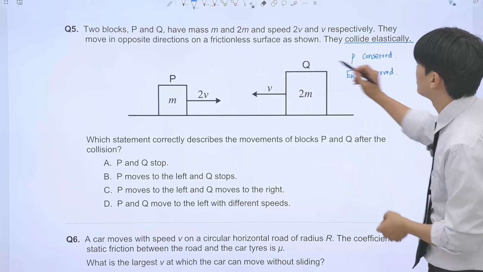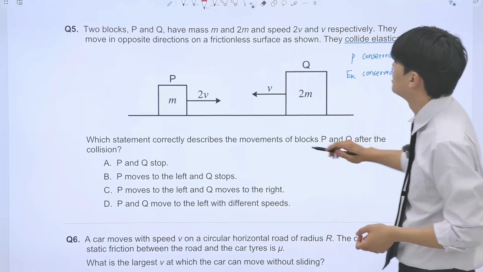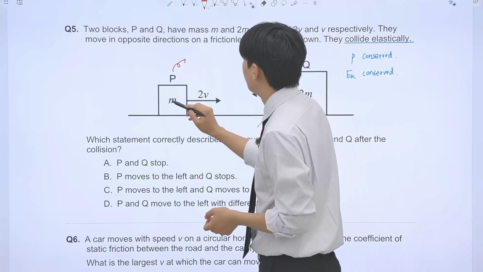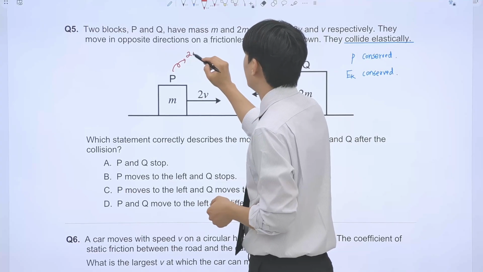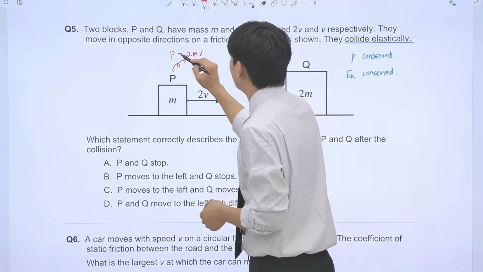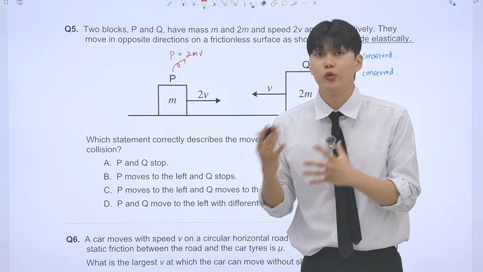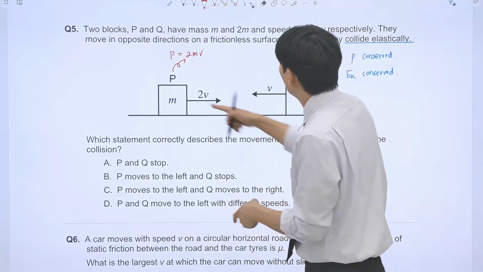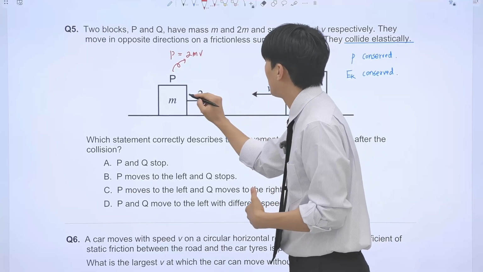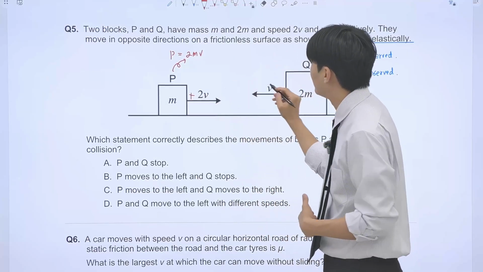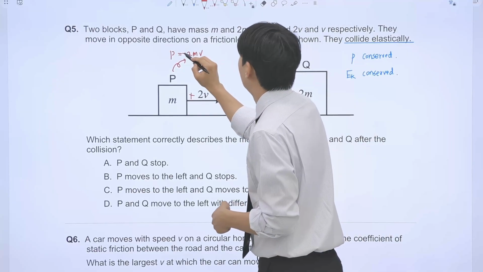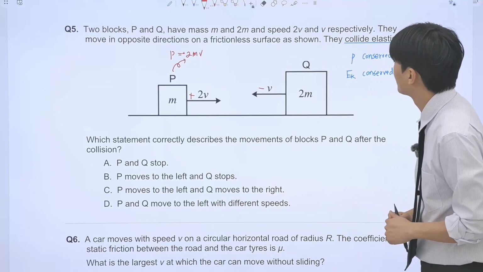Let's think about the momentum first. Momentum is mass times velocity, which is 2mv. However, we have to choose which direction is positive and which is opposite. Let's say left to right is positive, and right to left is negative. So the momentum of P is positive 2mv. How about Q?